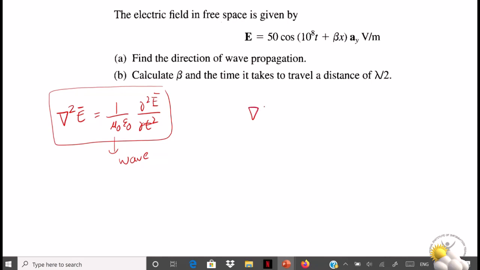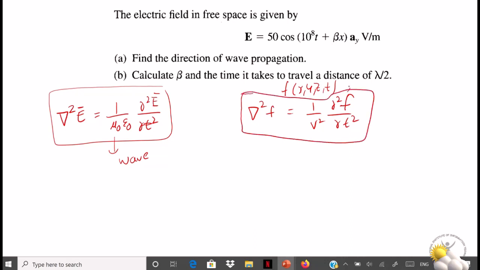In fact, we came to that conclusion because if we have any function of space and time that satisfies this equation, it will behave like a wave, meaning a disturbance which propagates with some velocity, where this v gives you the velocity, right? I think I made a mistake here. So it travels with the velocity v.